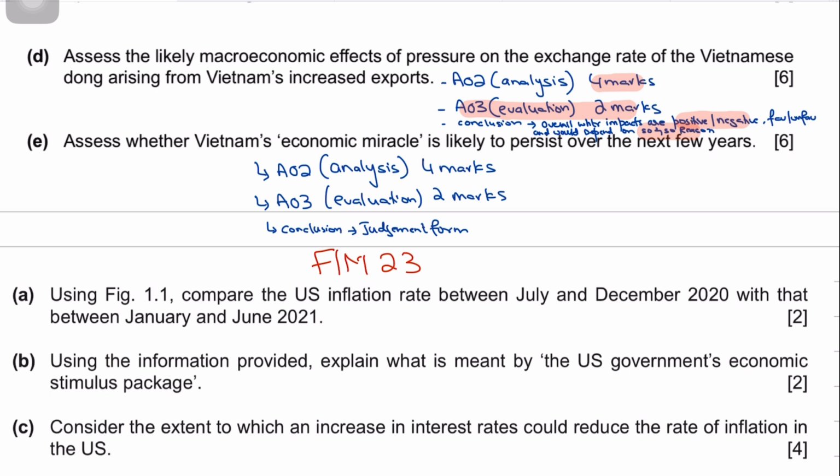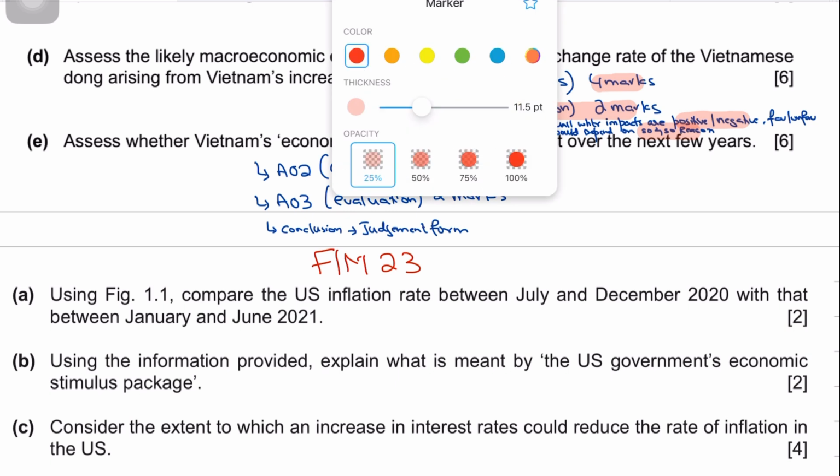Because the narrative of the question is that you need to tell the macroeconomic effects of the appreciation of the exchange rate. But if you're evaluating, you're simply evaluating economic theory here. So the economic theory or the narrative is that appreciation does have an impact on different macroeconomic variables.